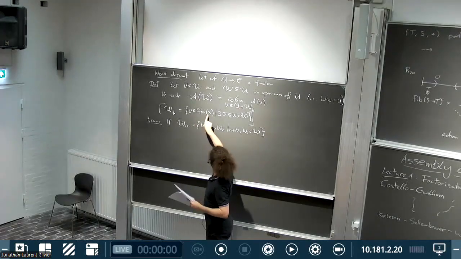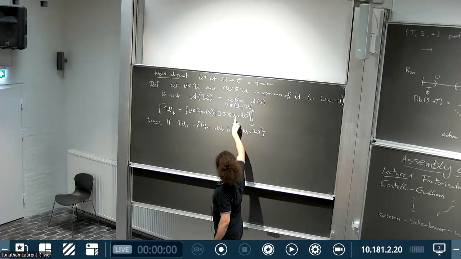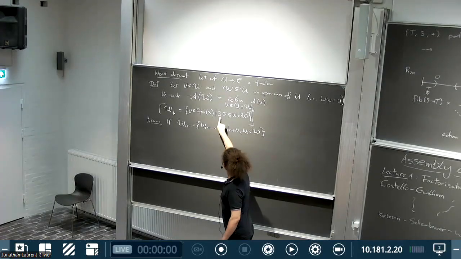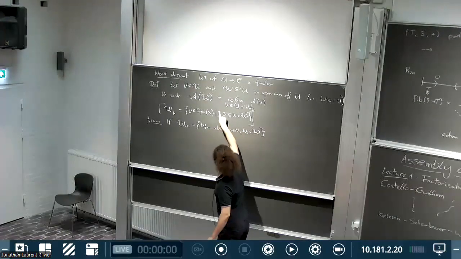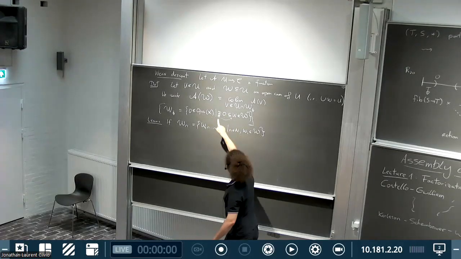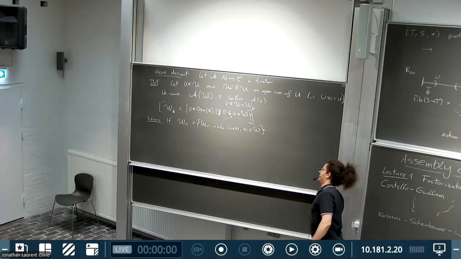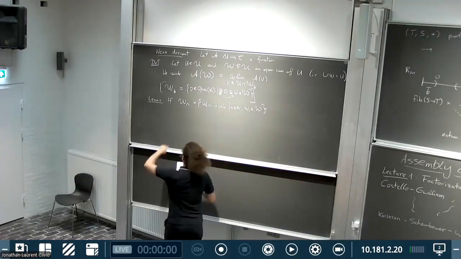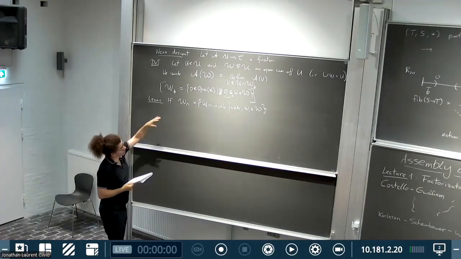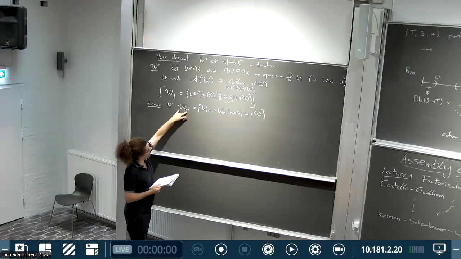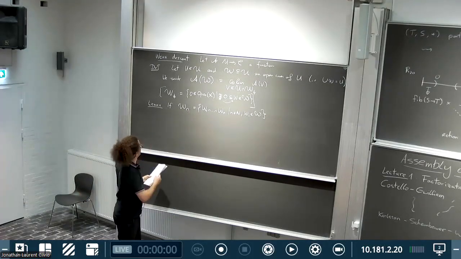It's those opens O for which there exists a W in W that contains O. The existence quantifier refers to the W, but I was a bit lazy and wrote it all in one line. It's just a downward closure of this. You add everything that's smaller than something you already have. And here you do something similar. You just add stuff that's the intersections of something you already have.